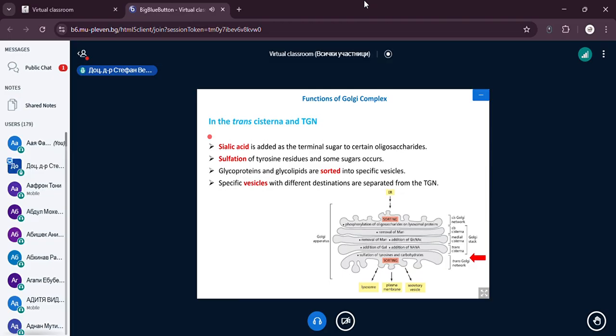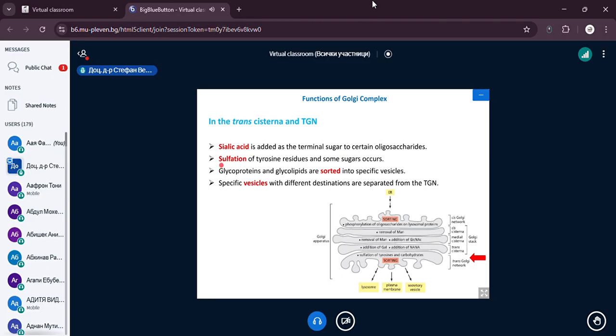Sialic acid, or N-acetylneuraminic acid, abbreviated as ANA, is being added to terminal sugars of some oligosaccharide chains on the surface of proteins and lipids.